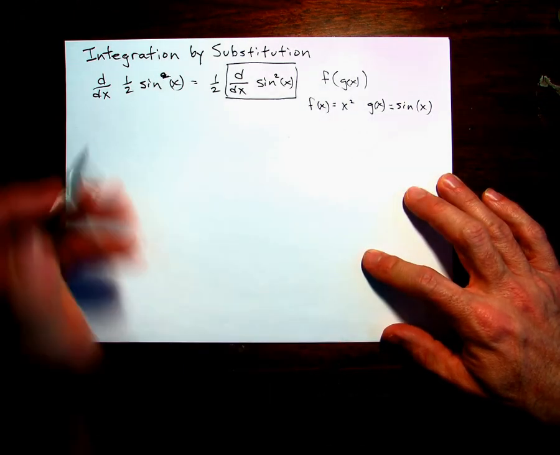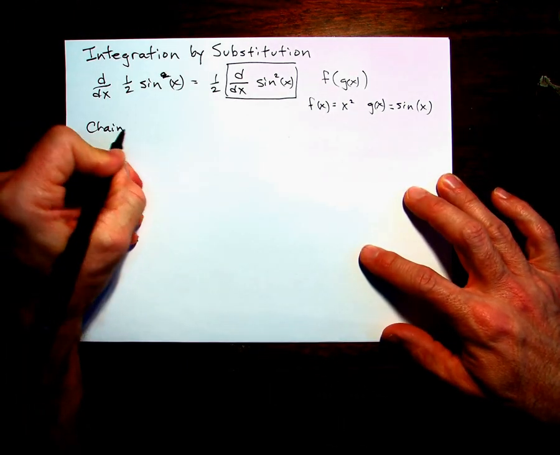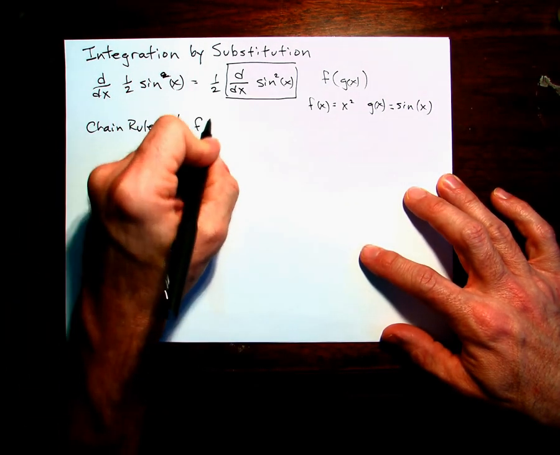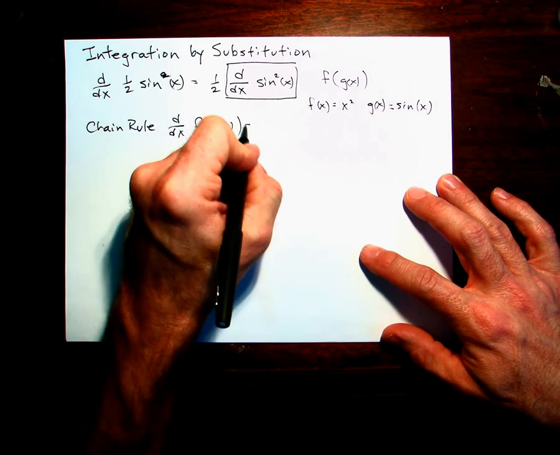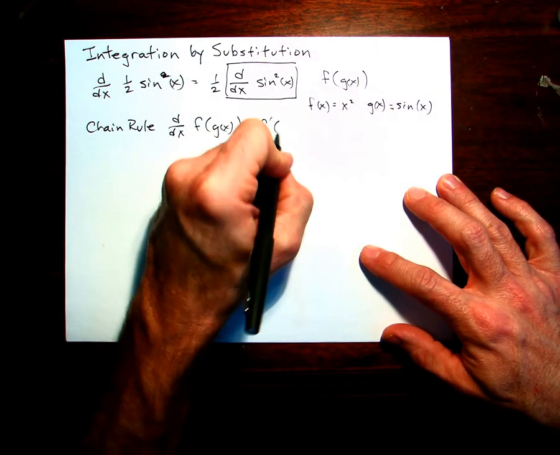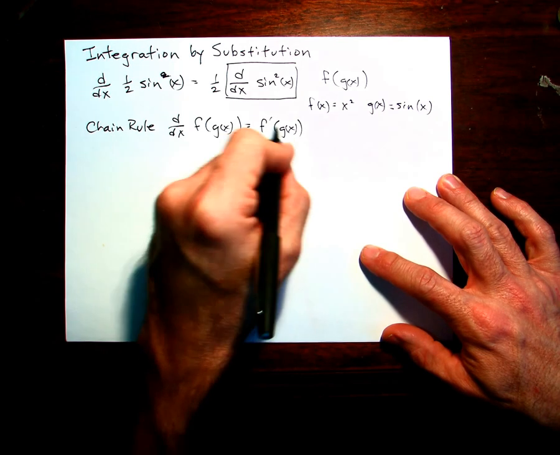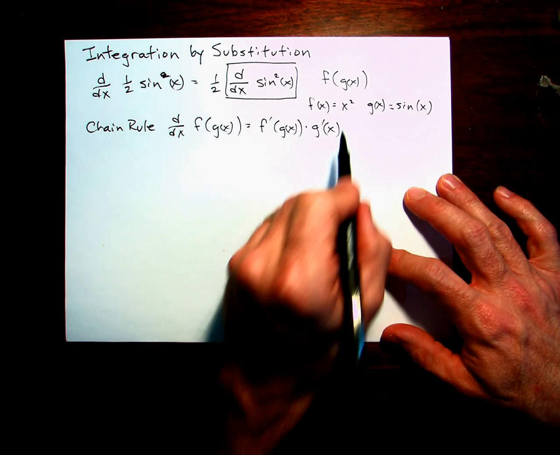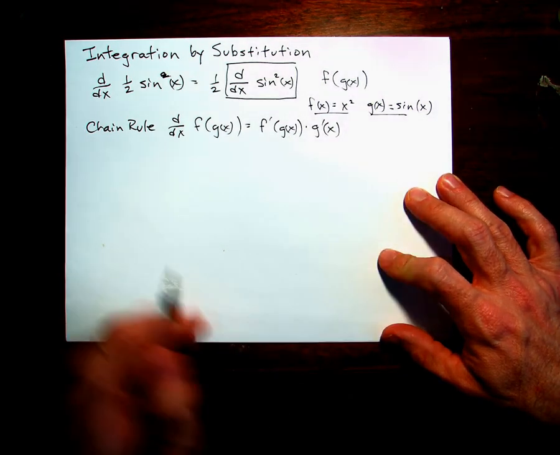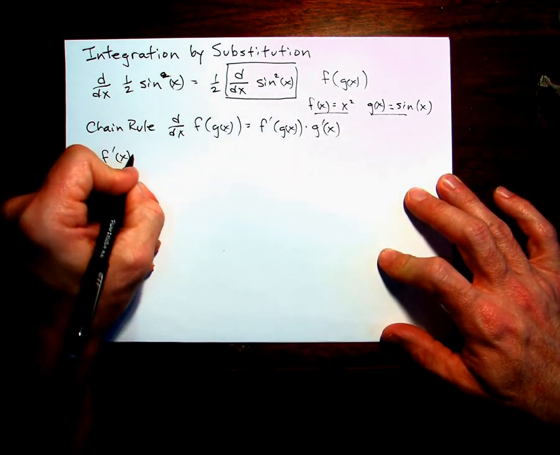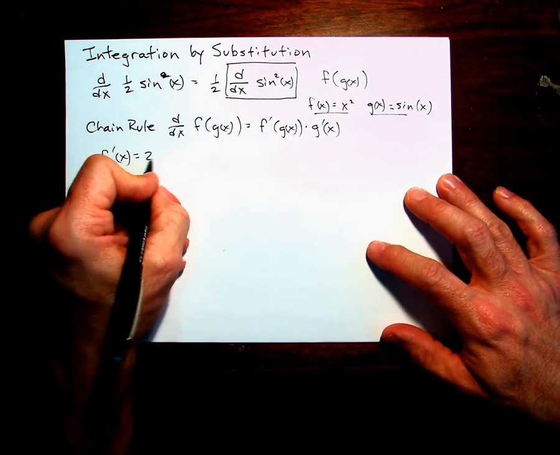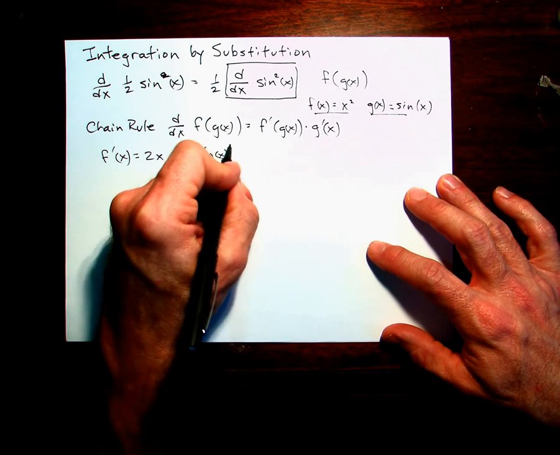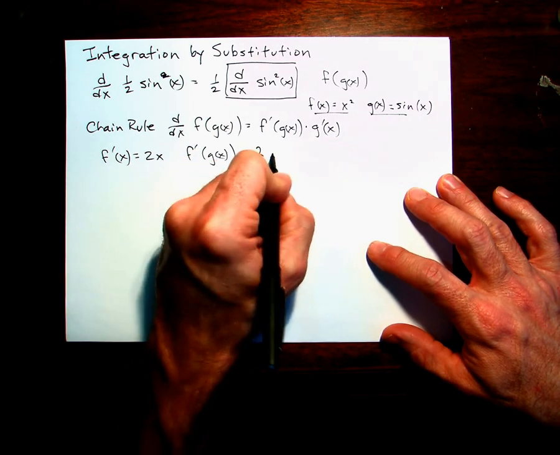Now, the chain rule tells us how to find the derivative of something like f of g of x. It says we take the derivative of the outside function, leave the inside function in there, and then multiply by the derivative of the inside function. So with this f and this g, f prime, the derivative of x squared, is just 2x, so f prime of g of x replaces x with sine x, and we end up with 2 sine of x.